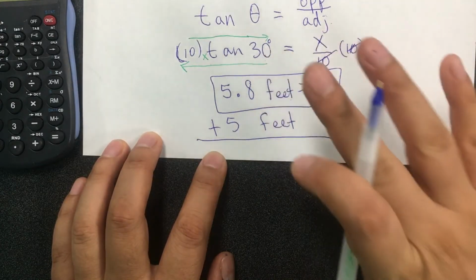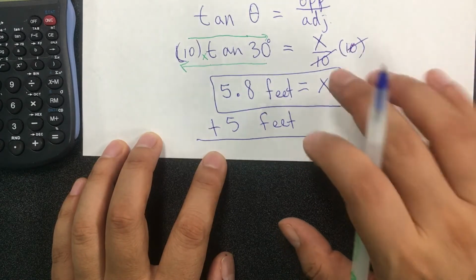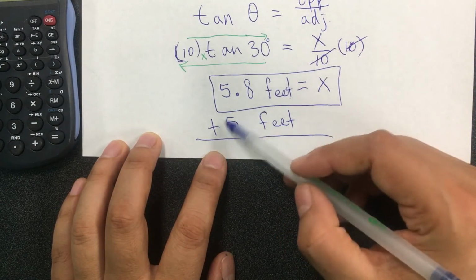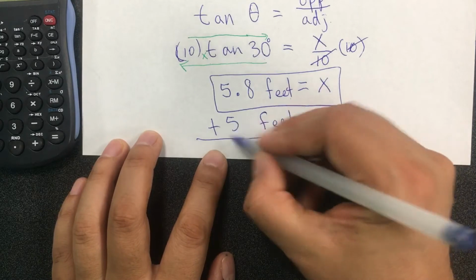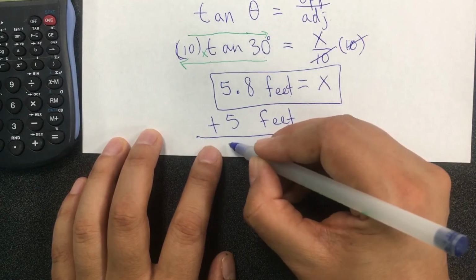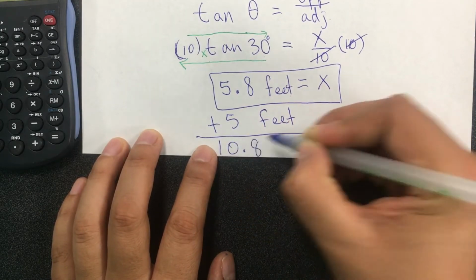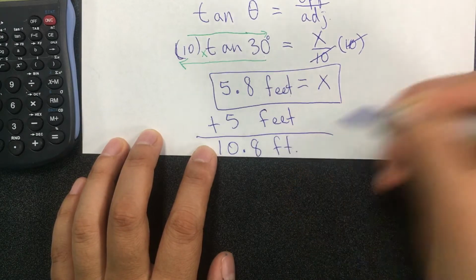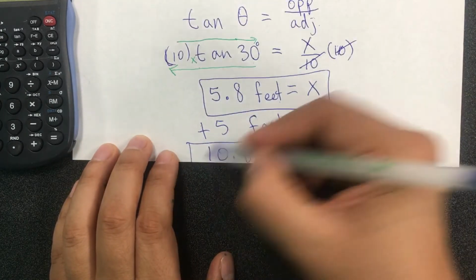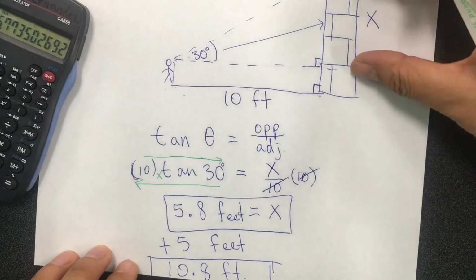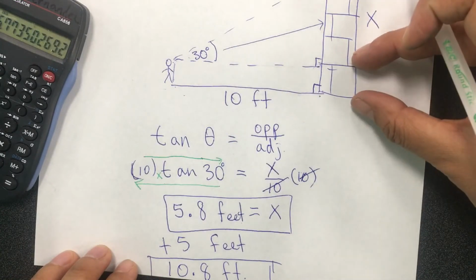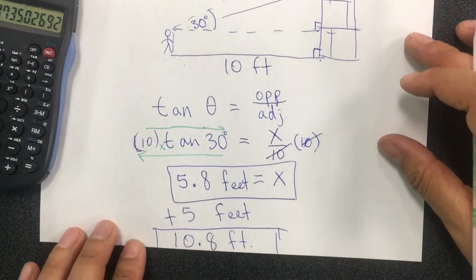In your assignment, because it's bigger amounts, you don't have to do that. You can just forget about this. We're not going to add the 5 feet, okay? So it will be 10.8 feet. That's how tall the wall is. So 5.8 from here, 5 from here, that's 10.8.